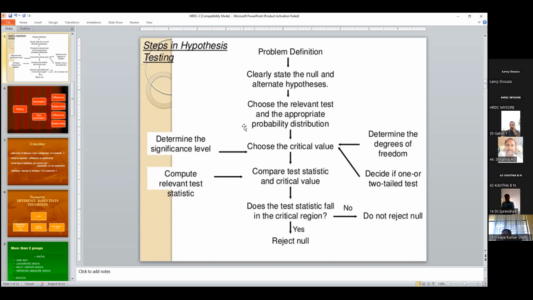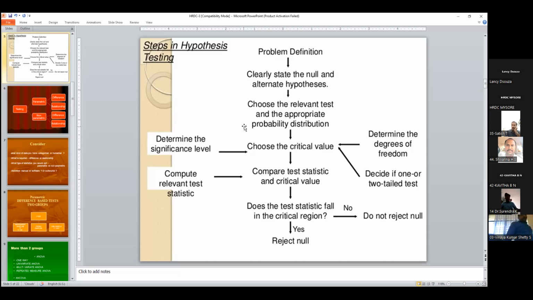So having the problem definition, that is what you want to do, now you clearly state the null and alternate hypothesis. That is also important, which we discussed yesterday. How to formulate a hypothesis, where the review of literature is the base for formulation of hypothesis. Sometimes you may have to formulate a directional hypothesis too.